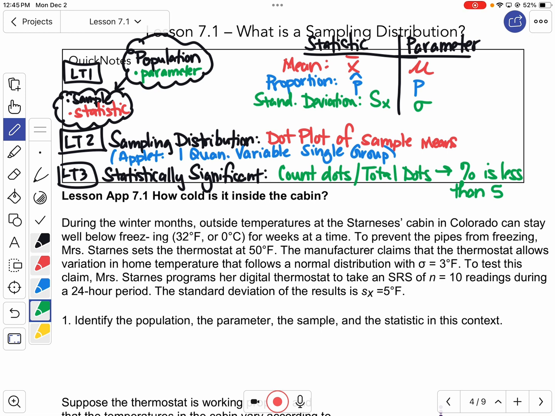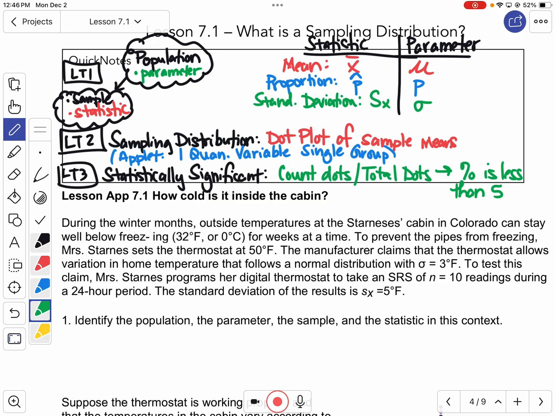They may use some of those symbols today, so I just wanted you to have a reference. If they say something about the sample standard deviation, you may see that S with the X. Or for the population, it's that weird-looking sideways 9.